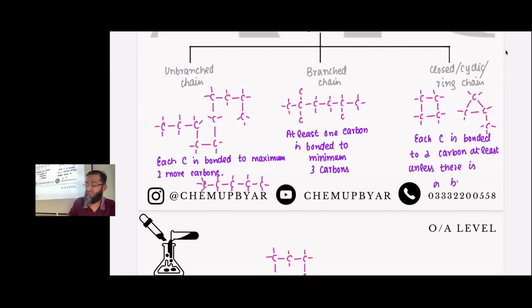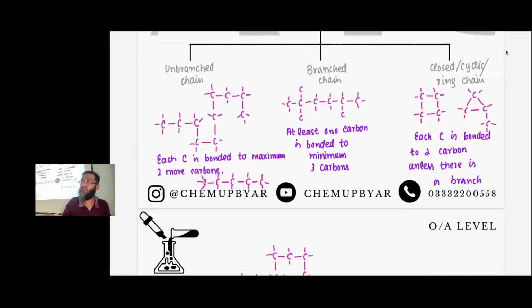So in the first case, there is no branch, so you can find every carbon is bonded to two carbons. And it's not necessary to write at least. So in the first case, each carbon is bonded to two carbons, so that makes it cyclic. And in this case, there is a branch. So for a branched one, it's not necessary that each carbon is bonded to two carbons. Yes, is this clear to all of you?